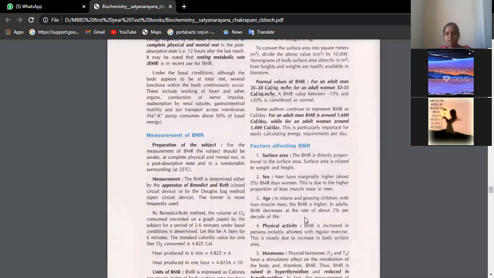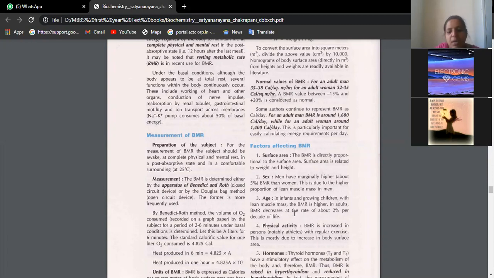So on what factors does it depend? Suppose the surface area is big, suppose an obese person, obviously BMR will be more. Men usually have quite a large body mass when you compare with women. That's why it is a little more in the case of men. In infants and growing children with lean muscle mass, BMR is higher.